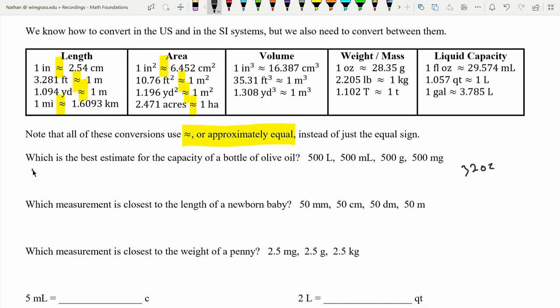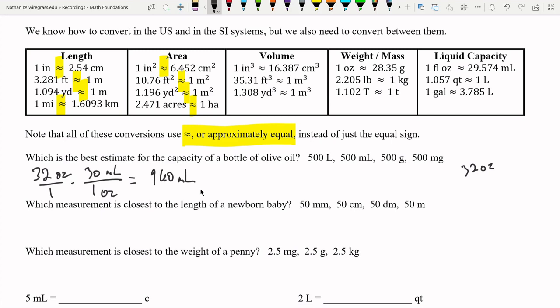So 32 fluid ounces times approximately 30 milliliters per ounce. So you can see I have 32 times 30. That's going to be 960 milliliters when you multiply that out.